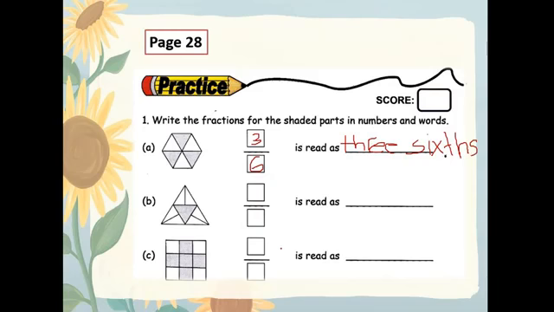Okay, letter B, it is 2 over 8. Now, why 2 over 8? Look at the picture. This triangle is divided into 2. So this triangle in the middle should be divided also into 2.